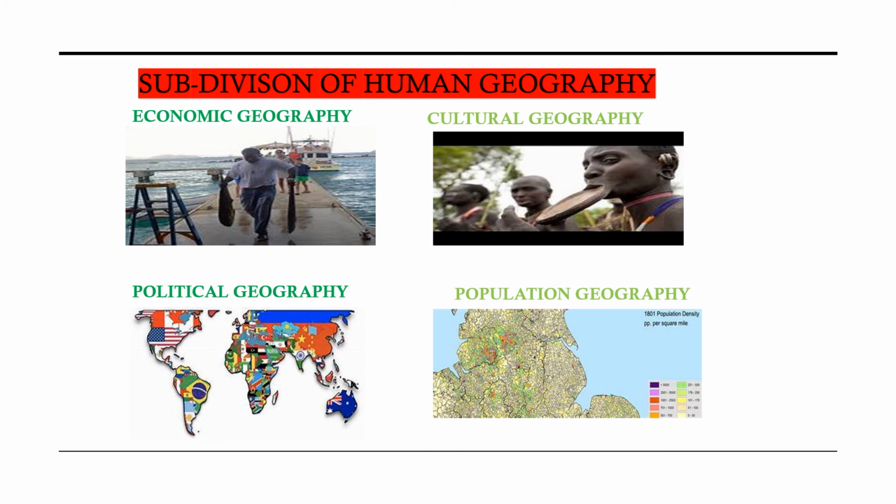So whenever we're discussing issues such as these, we are actually discussing aspects of population geography. Now, remember, economic, cultural, political, and population geography. These are a few examples of subdivisions of human geography. There are many more out there.